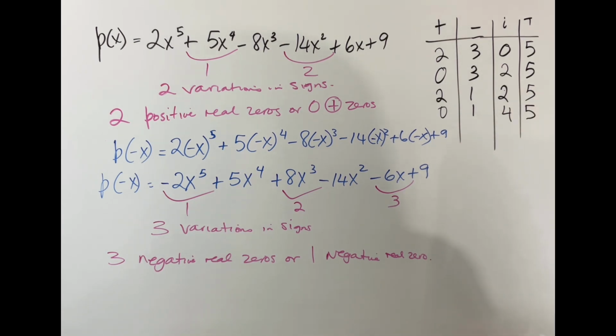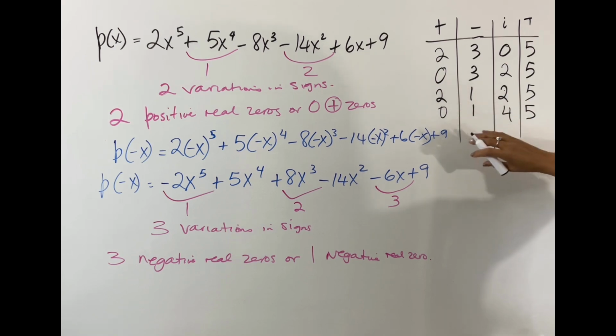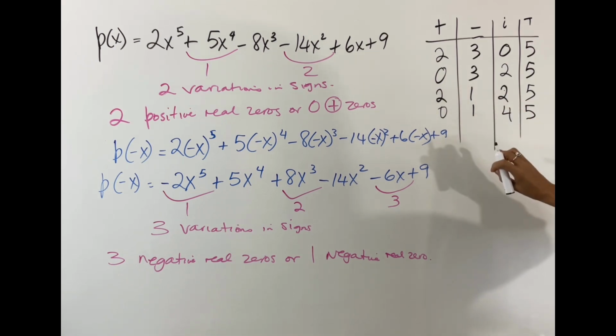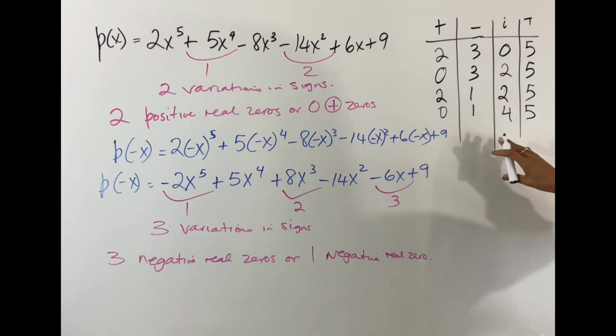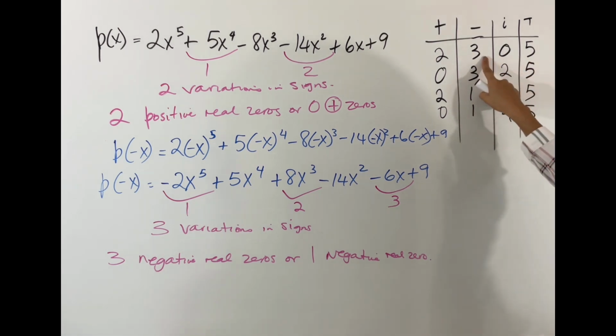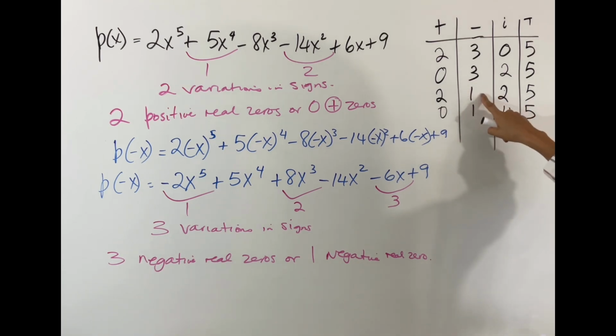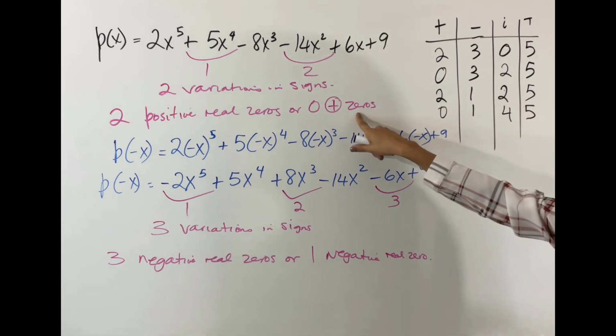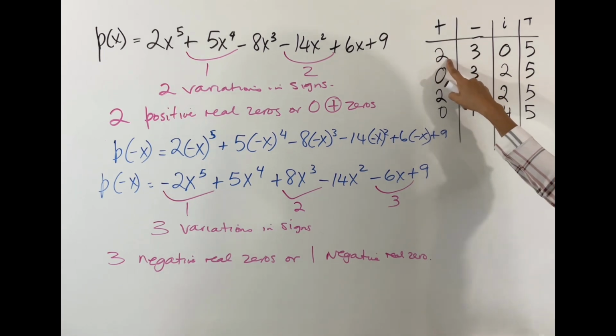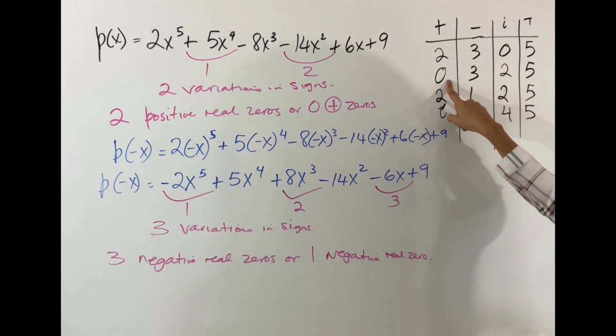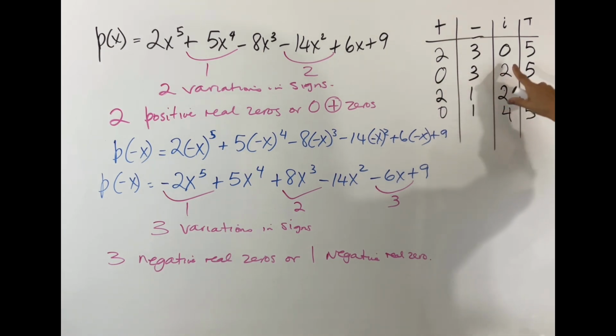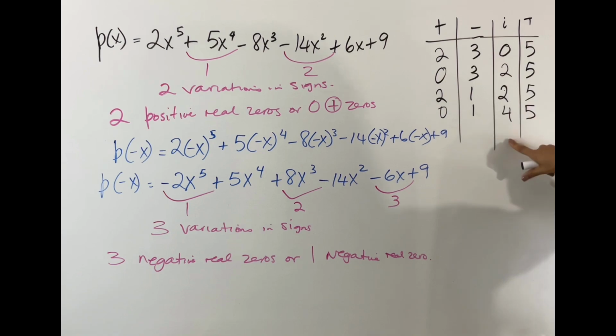So you have to look at those possibilities also. When you look at these, this will give you a general picture of the options that you will have, because you can either have 3 negative zeros or you can have 1 negative zero, whereas here you can either have 2 positive zeros or simply 0 positive zeros, and then you will just look at the other variations that you have over here.